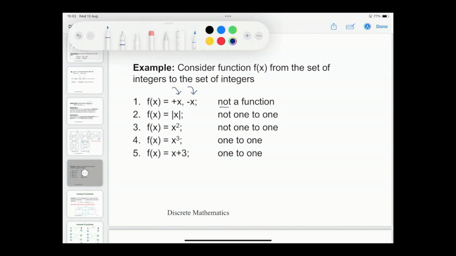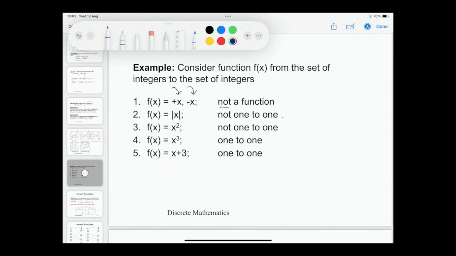The second case, the function f(x) equals the absolute value of x. Absolute value means the result is a positive or non-negative number. It is a function.